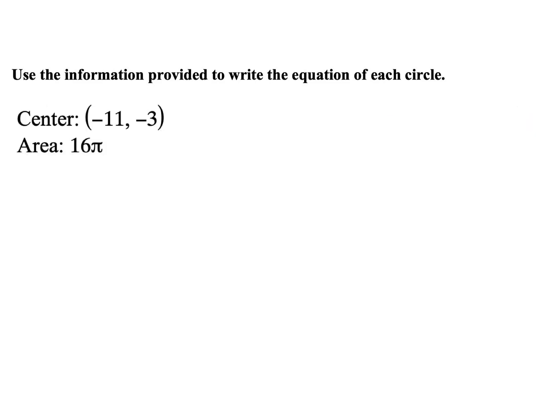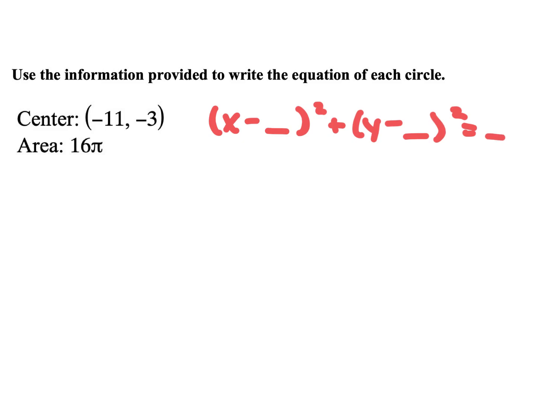Now for the next example, I'm still going to write it in standard form. So we know it's x minus the x coordinate squared plus y minus the y coordinate squared equals the radius squared. So if I fill in from what's given, the x is negative 11, the y is negative 3, and we don't know the radius.